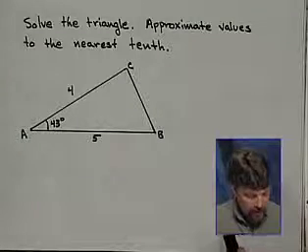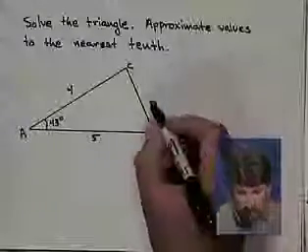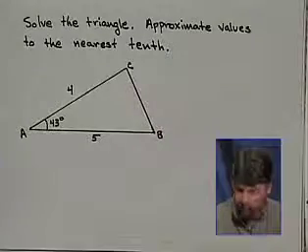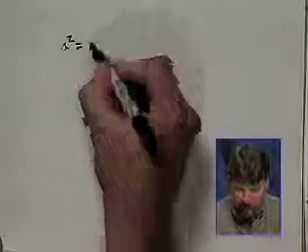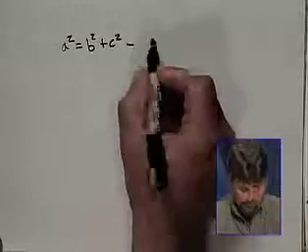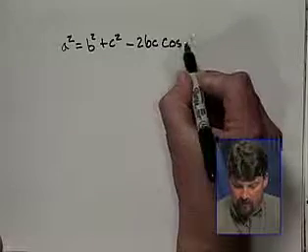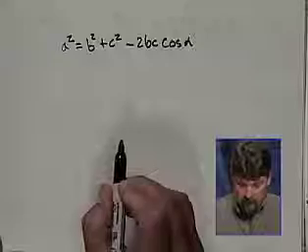So we're going to find the length of this side first. We could think of that side as little a, or lowercase a. The formula we're going to use is a squared equals b squared plus c squared minus 2bc cosine alpha.